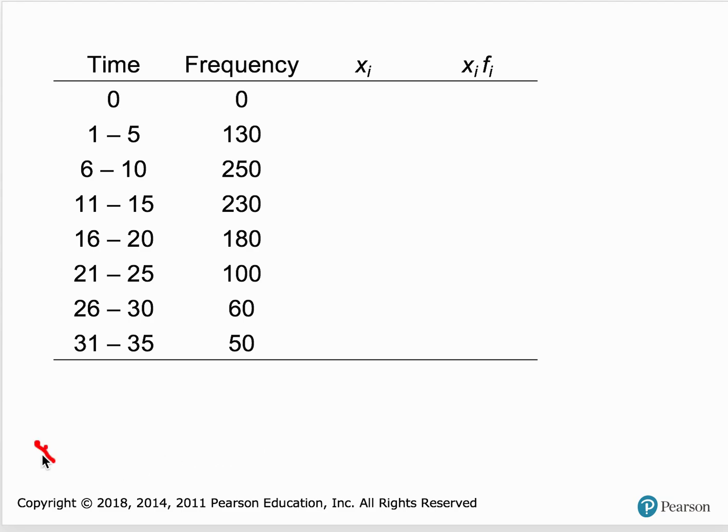So the formula to approximate the mean, since we have a sample, we're going to say it's x bar. And we're going to sum up the midpoint times the frequencies and then divide by the sum of all the frequencies added together.